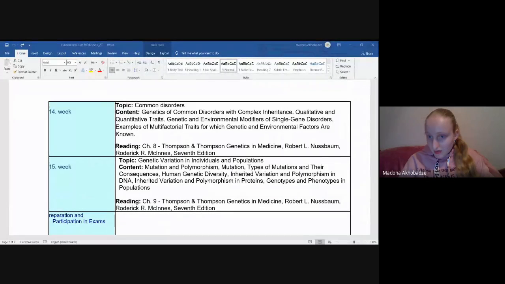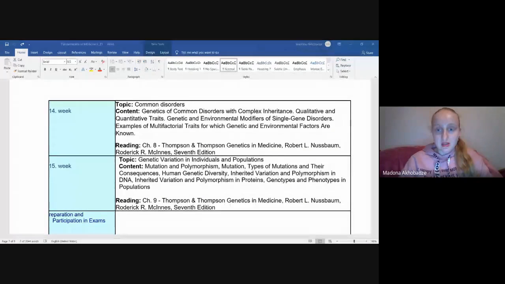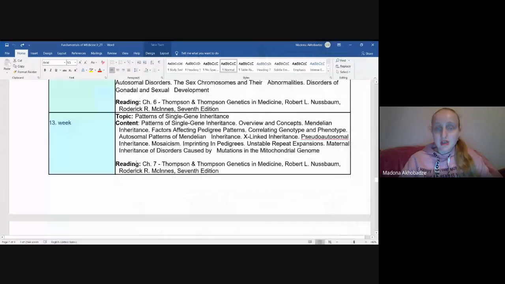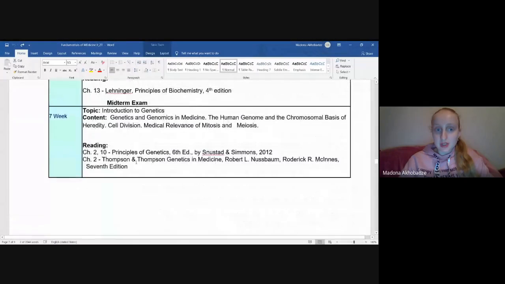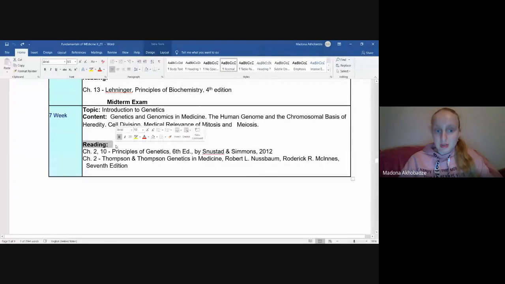Can you tell us the name of the books that we study? Thompson. So why I opened up the syllabus is because under each chapter we have the reading. I'm using these two books, Principles of Genetics by Snustad and Simmons, and Thompson and Thompson, Genetics in Medicine.